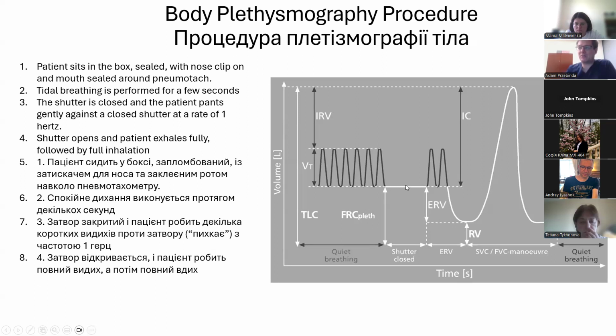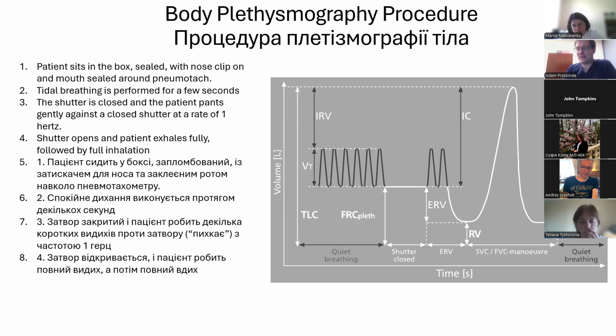against a closed shutter. Now, because the shutter is closed, no air moves, but what does happen is the patient generates a negative pressure with each inspiration against that closed shutter, and the chest expands slightly. And because the chest expands slightly, the free volume in the box decreases slightly, and the pressure in the box increases slightly.